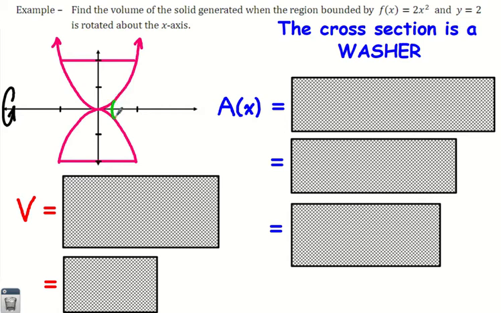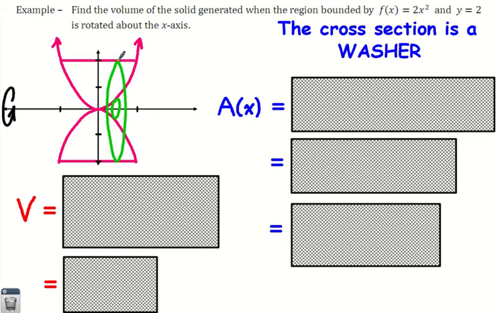So here's what I'll draw as a typical washer. There's a typical washer at a random spot throughout the solid.